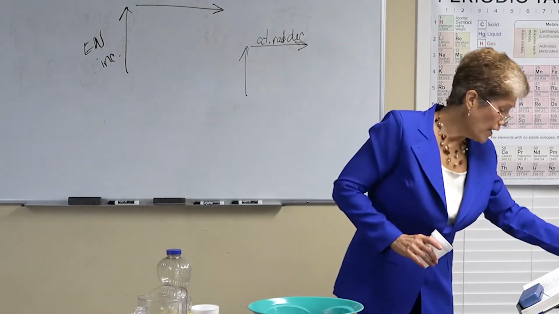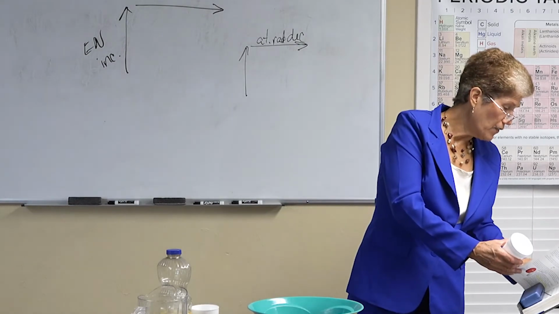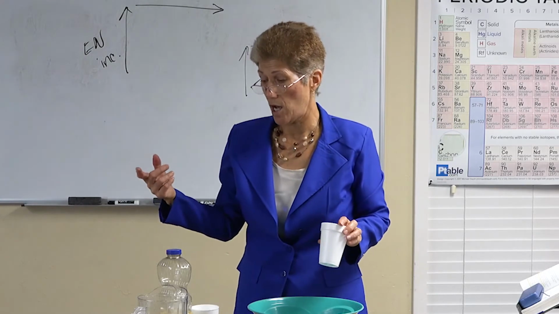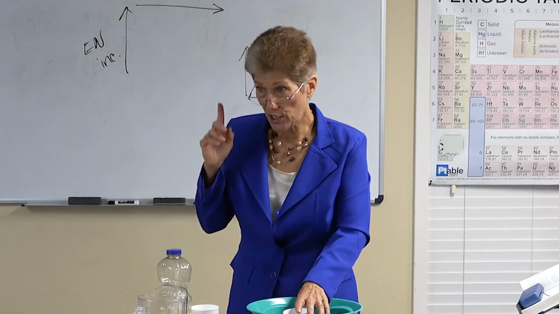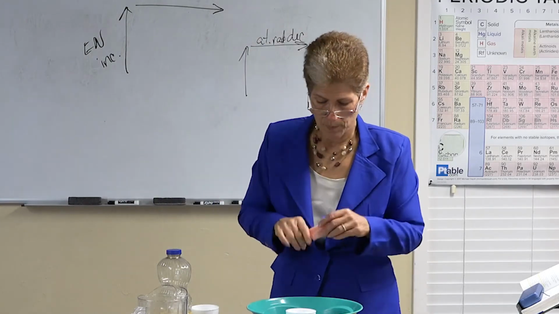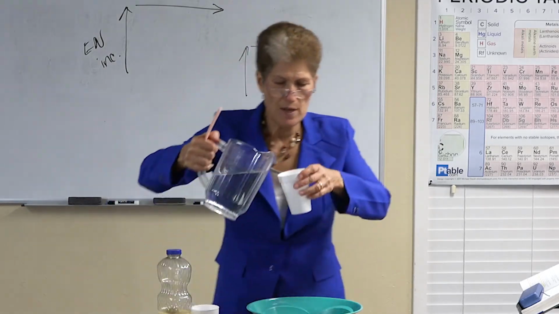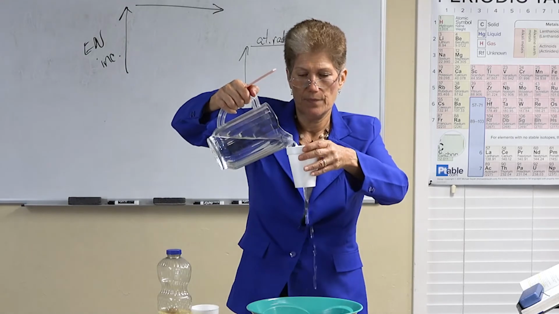Oxygen is more electronegative than hydrogen, quite a bit more, and so it keeps the electrons around it more of the time, right? We're going to try this and see. I'm going to start with water because then we'll see if this is working at all. How's that? Rather than using a funnel, we are using a cup.